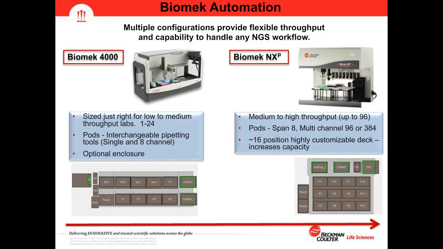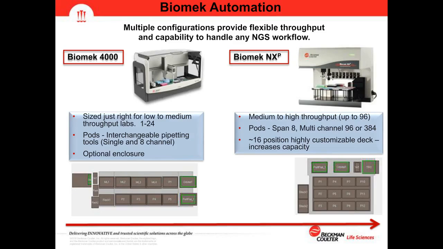It offers a pod with interchangeable pipetting tools, single and 8 channel, which gives you full flexibility with respect to the number of samples you want to process. So our protocols do not force you to use 8 or 16 or 24 samples at the same time, but you can have any number of samples being processed on that system.